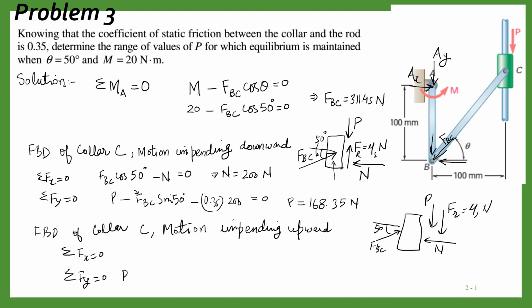Now in the y direction we have P minus FBC sine 50 degree, and this time this will be plus 0.35 into 200 equal to 0, and from this we can get P. The value of P comes out to be 308.35 Newton.